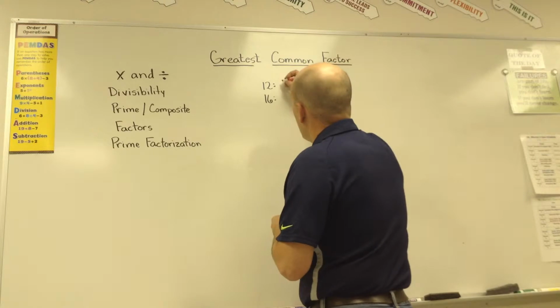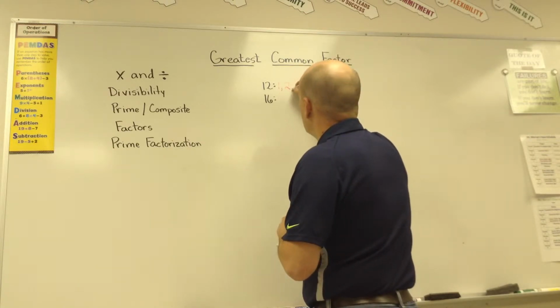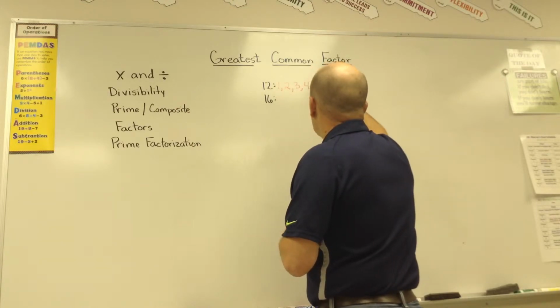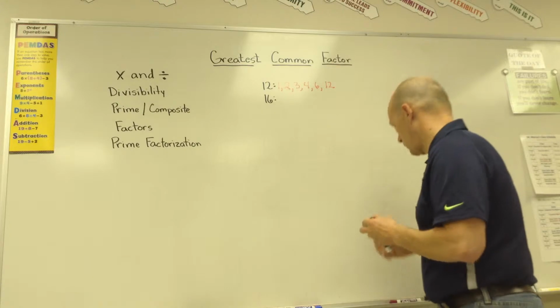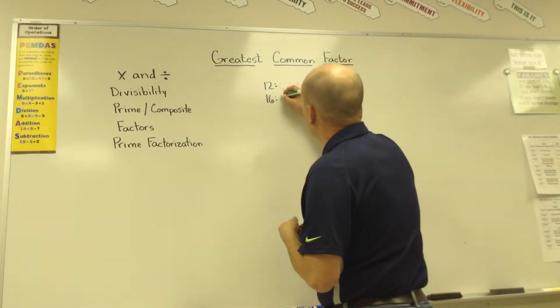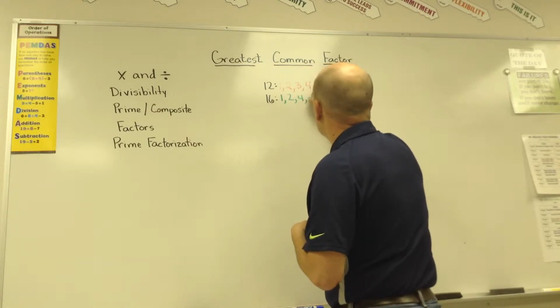The factors for 12, the numbers that I can multiply to go into 12, are 1, 2, 3, 4, 6, and 12. Okay, there's my factors for 12. My factors for 16: 1, 2, 4, 8, and 16.